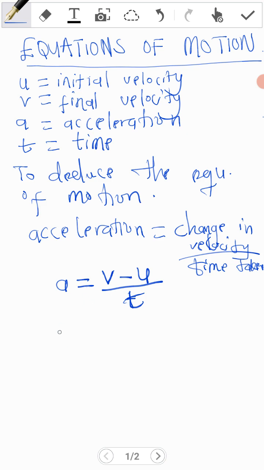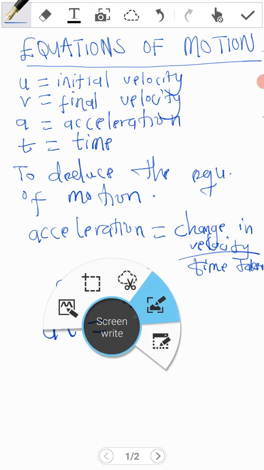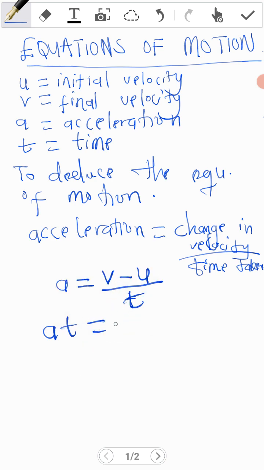So this will give us A times T, so AT, and then that will be equal to V minus U. Okay, so we make V the subject, that will give us V is equal to AT plus U, or it can be V is equal to U plus AT.